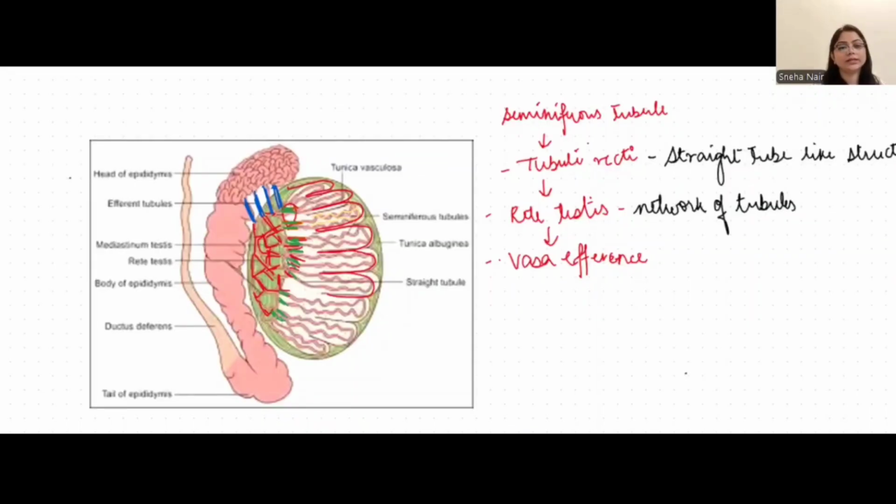So next is the epididymis. What is the epididymis? It is a structure that is made up of compactly arranged tubules.